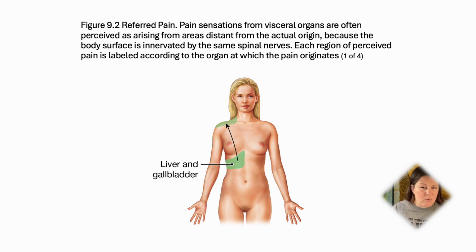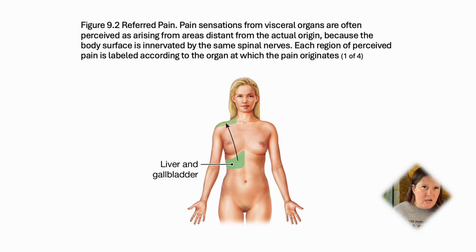Breaking of the bone itself does not have nerve endings, but the periosteum is innervated by free nerve endings. Free nerve endings are also in our blood vessel walls. In our deep tissues and visceral organs, we have very few nociceptors.